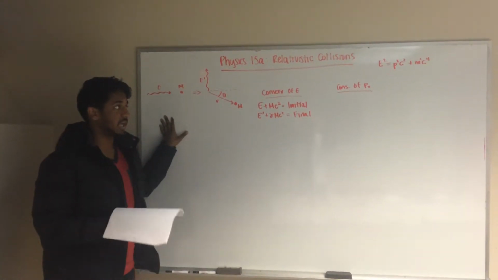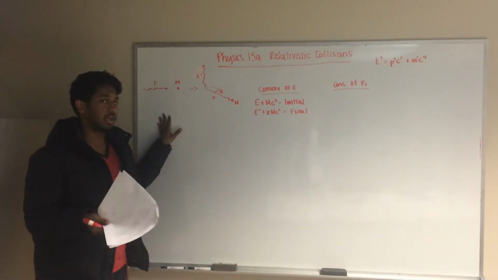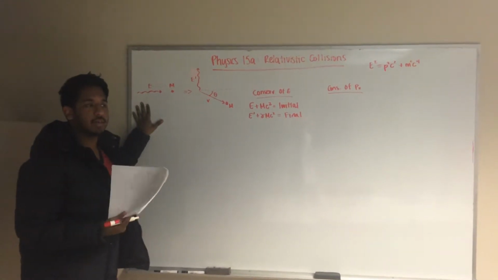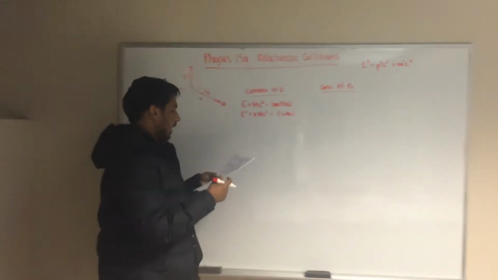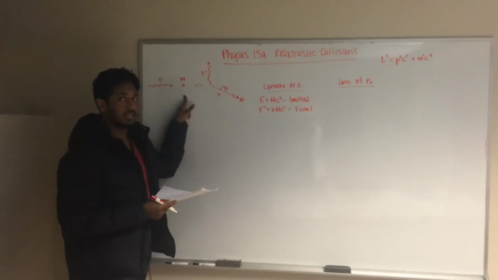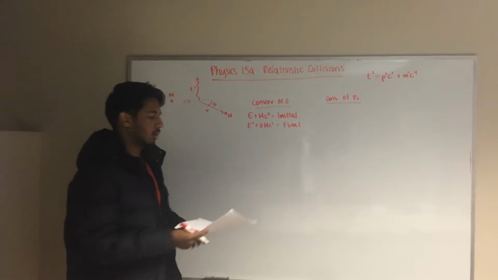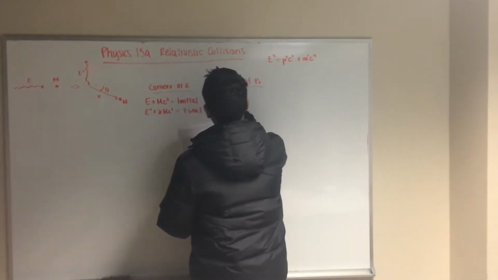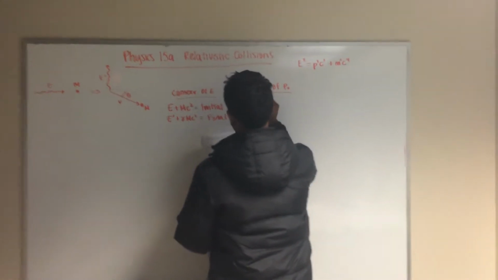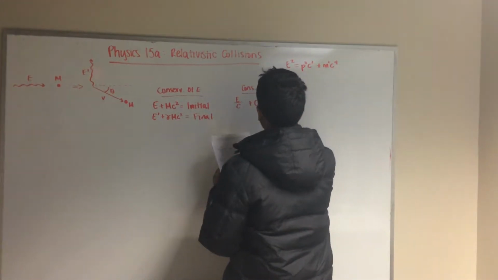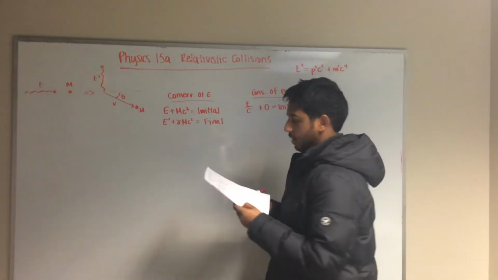For our cases, and something that we have found in the notes and in lecture, a photon has the momentum of E over c. And then you can see this particle is at rest, so it has no momentum, and it is a particle with mass, so no momentum. That means our initial is E over c plus 0. I'm putting the plus 0 there so we can keep track of where we got everything from.